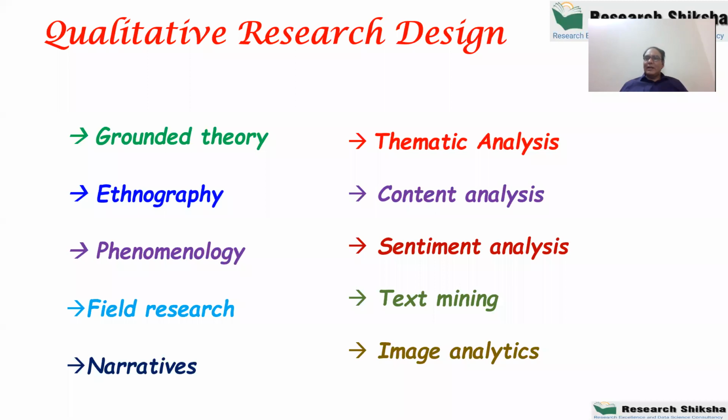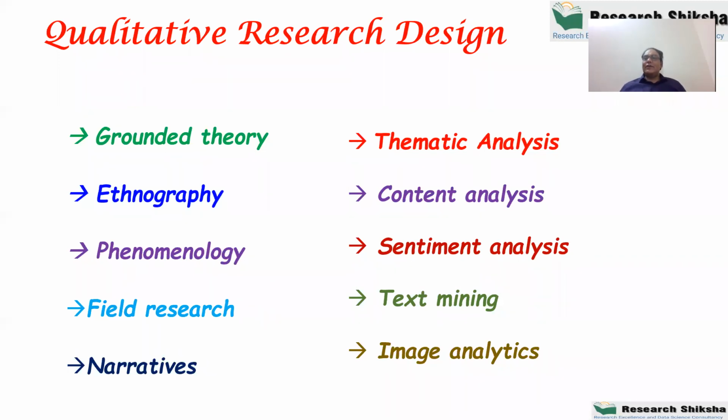In thematic analysis, we convert the material or the resource into themes. When we convert qualitative material into themes, qualitative material means articles, pictures, videos, songs, movies. When you convert them into different themes, this is called thematic analysis.